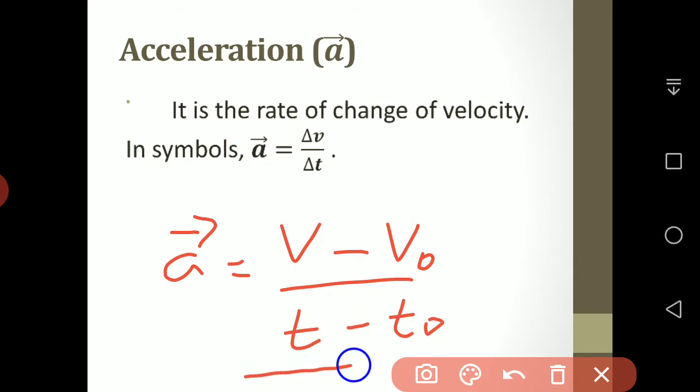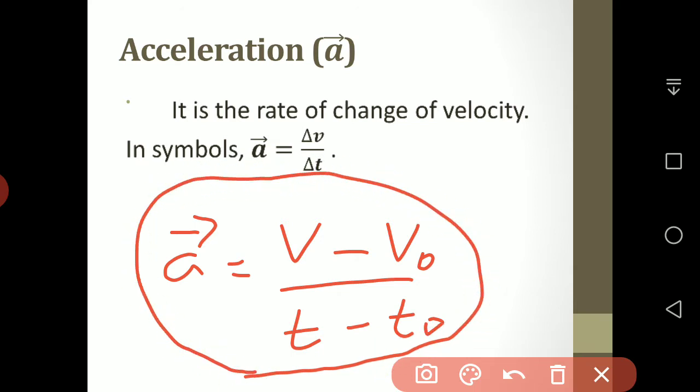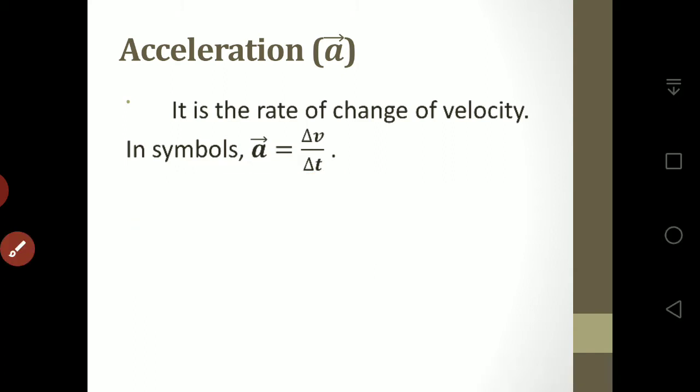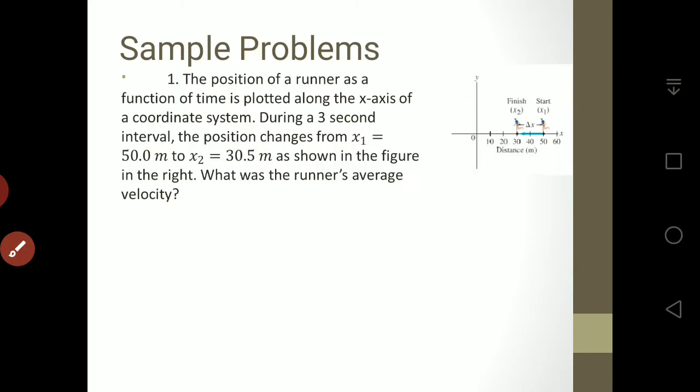Pwede natin ulit i-represent yung terms natin ng ganyan. So, meron tayong sample problems. Yan. Pero bago tayo mag-solve, may important note muna tayo. Babalikan na lang natin itong problem na yan. Pero kung gusto nyo i-screenshot, i-screenshot ninyo.